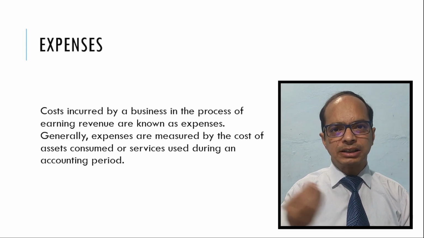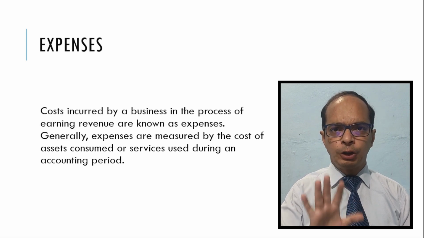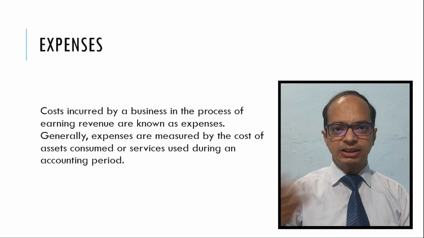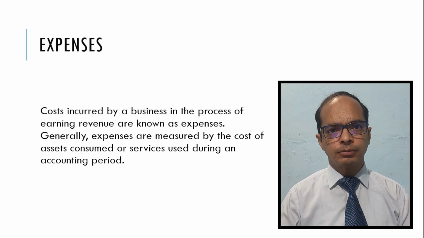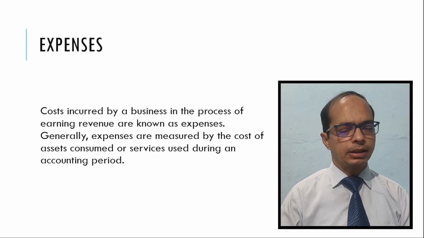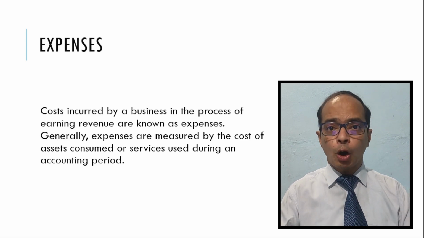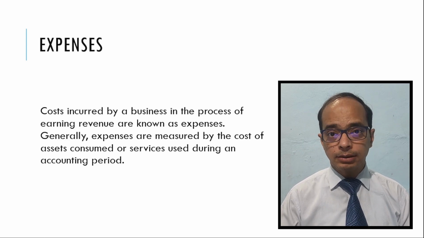For example, you have purchased goods from Delhi. Will you pay travelling charges? Will you pay carrying charges for transfer of the goods from Delhi to your station? Yes, it is a part of expense. You have to appoint some persons also, as clerk, as cashier, as manager. Will you pay salary to them? Yes, you have to pay.